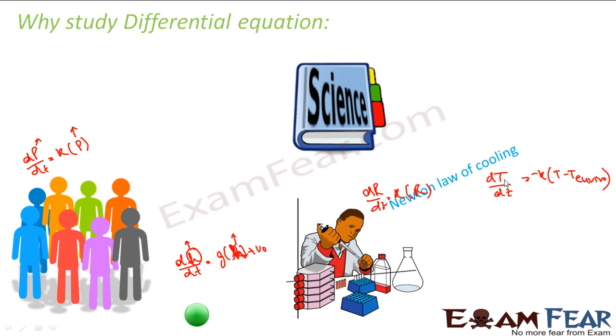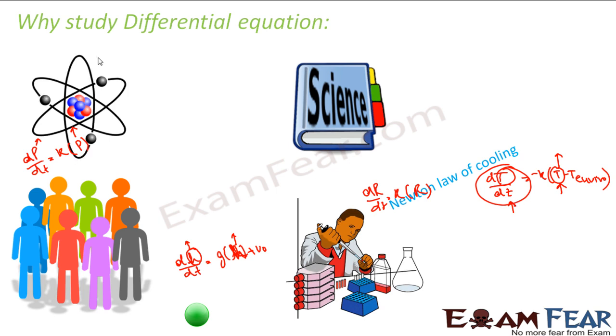So if you compare, I have T here and dT by dt here, correct? Temperature and rate of change of temperature. Here also, T and the derivative of T are in a relation. So this is also an example of a differential equation.